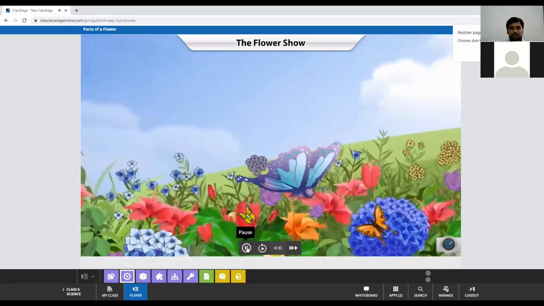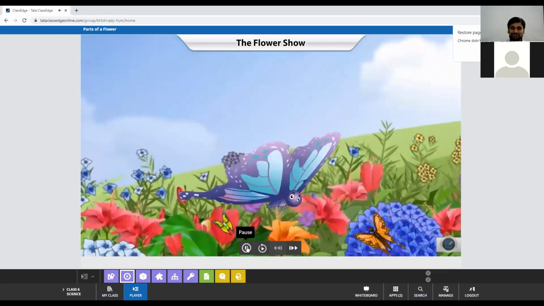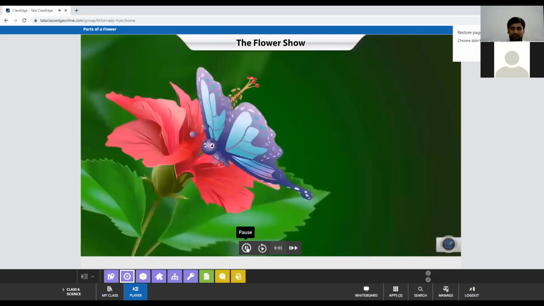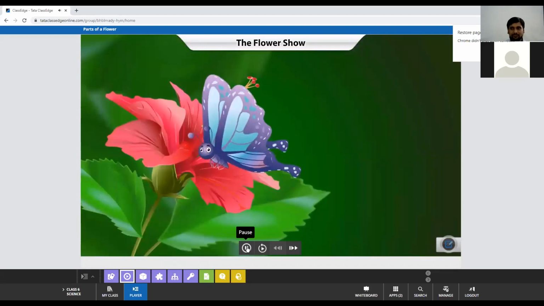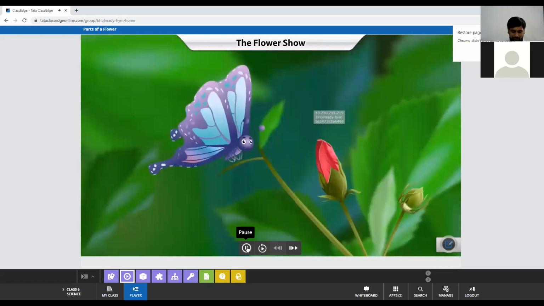You can see a nice, beautiful scenery here. Welcome to the flower show. Let me take you through my favorite garden. Aren't these flowers beautiful? So many colors and scents. Let's look at this little bud and see how it grows into a flower.